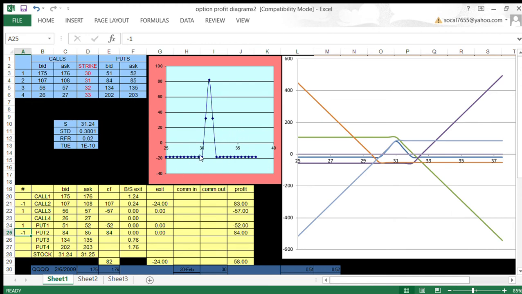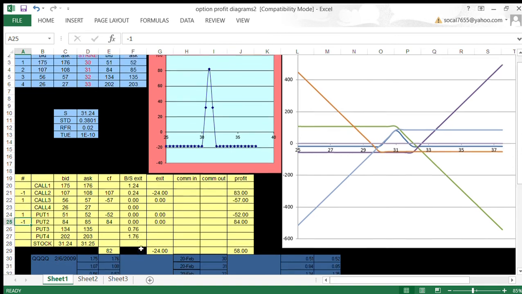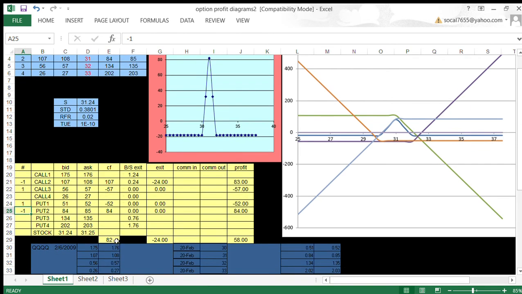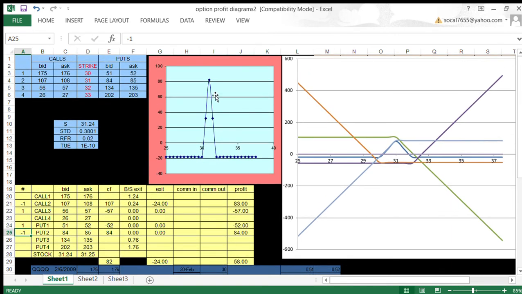If you stare at this picture for a second, I can create this by using just calls. Now notice this is a short iron butterfly, and the net cash flow at position initiation is plus 82, and so we use the word short, because when you open with a short position, you have cash coming in. But I can replicate that with just calls here.